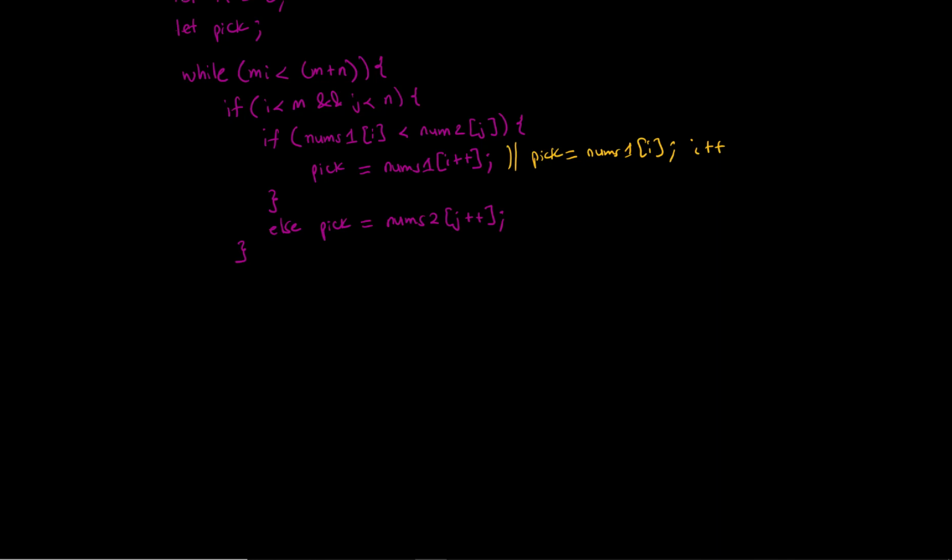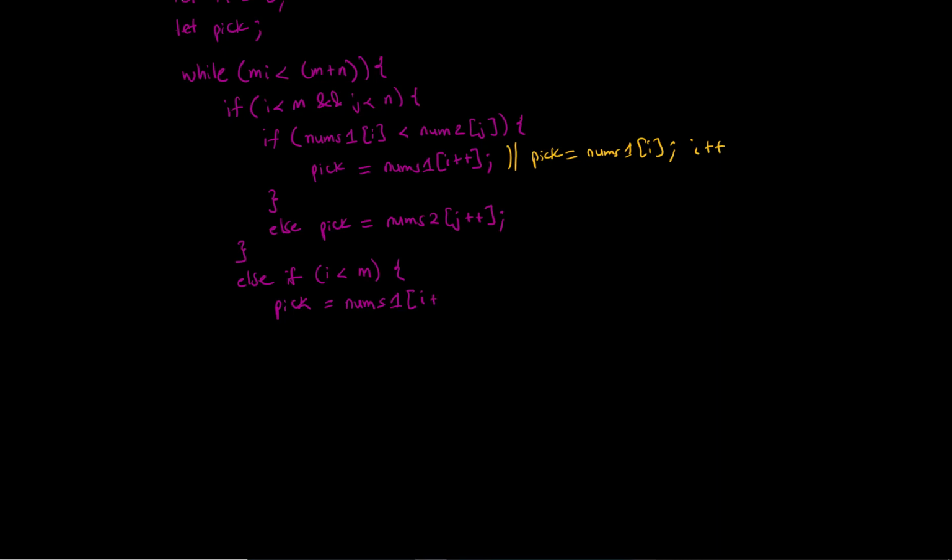But there are cases where we've already reached the end of j, but i is still continuing. So we check else if i is less than m, still within the boundaries, just keep picking the remainders. So nums1[i] plus plus.